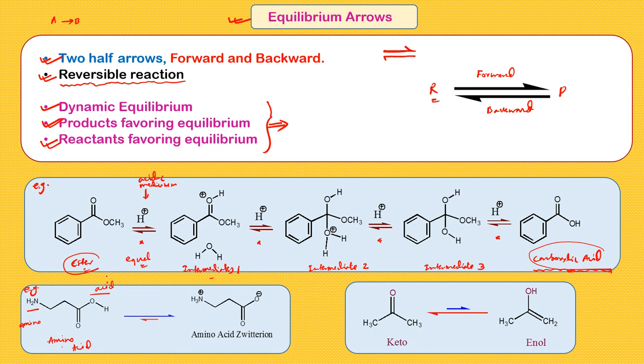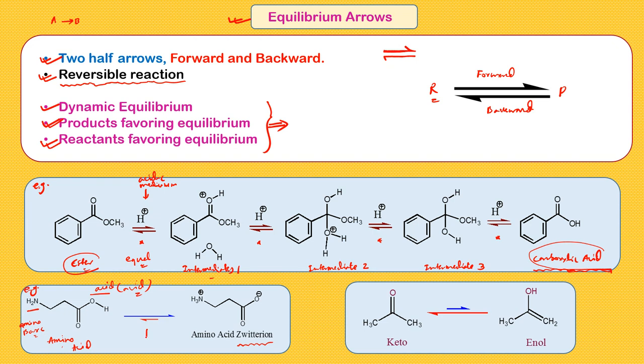As we know, an amino acid has one very characteristic property, that it will be in the form of a zwitterion, since two functionalities are involved in the same molecular structure, and this one is basic in nature and this is acidic, since it can easily give H plus, and this will pick up the proton. So this is an intramolecular acid base reaction, and that leads to the formation of the zwitterion.